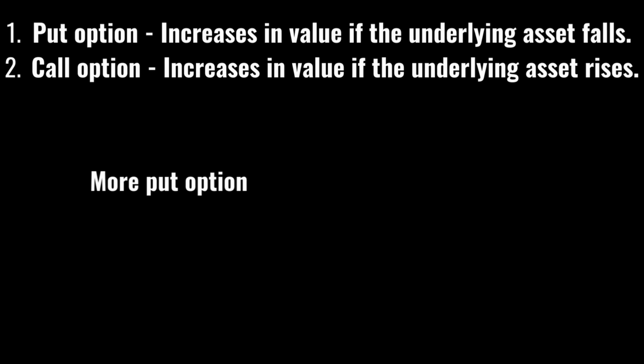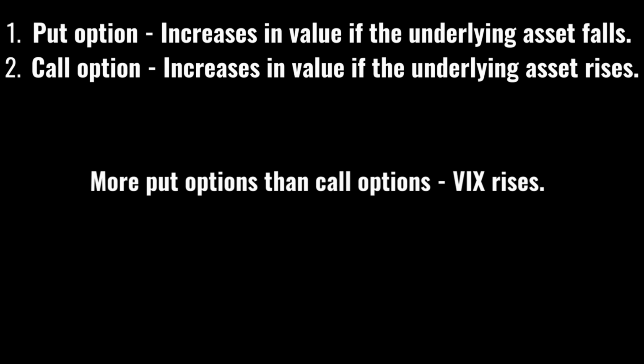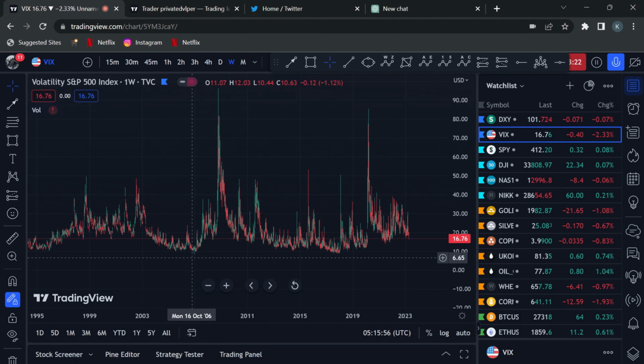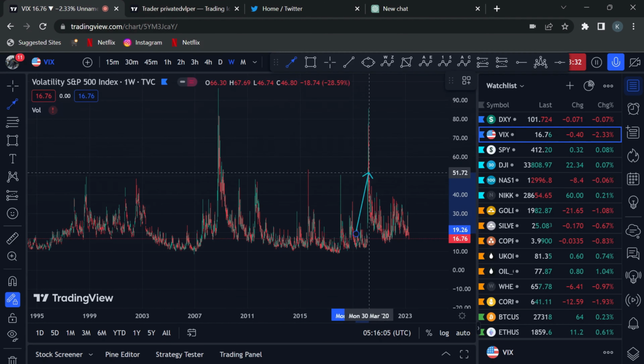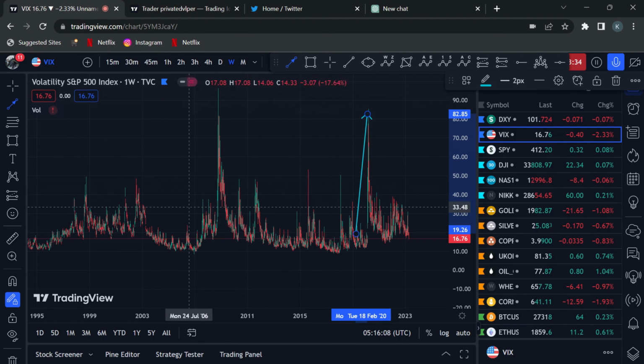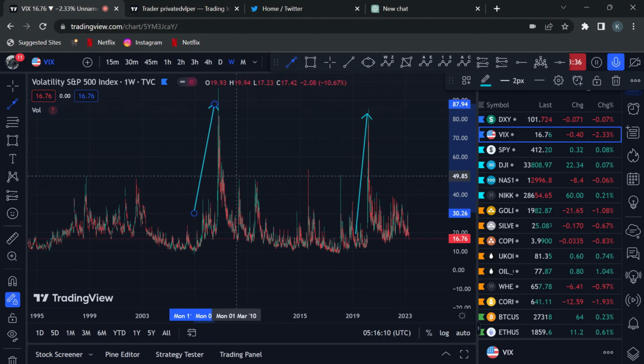If we have more put options than call options, that's when the VIX will rise, because a put option increases in value when the underlying asset falls. So when the stock market is falling, the VIX will be rising. That is what I mean.